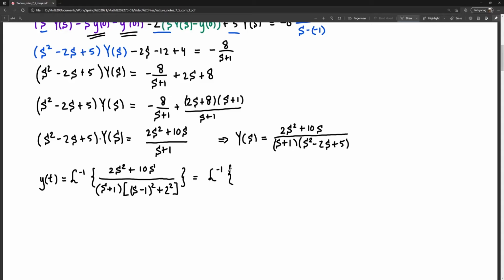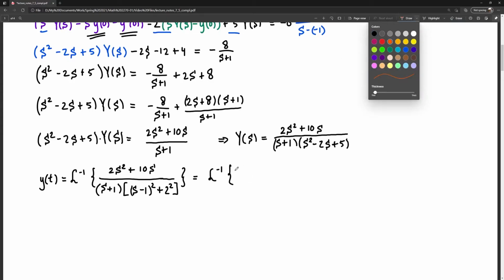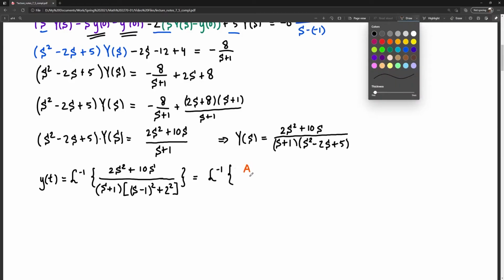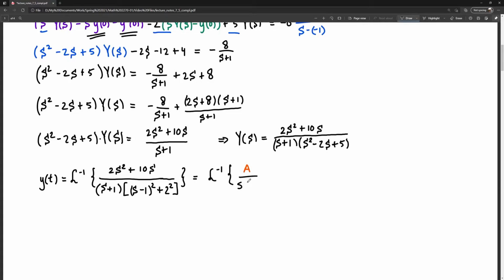It will be L inverse of A over (s plus 1), and then plus the next fraction, which in the denominator will have (s minus 1) squared plus 2 squared.